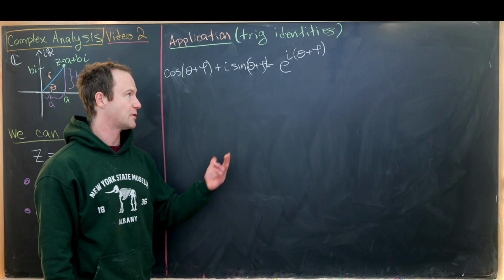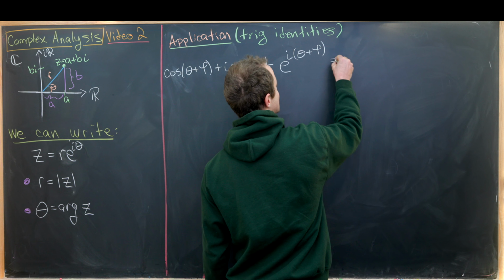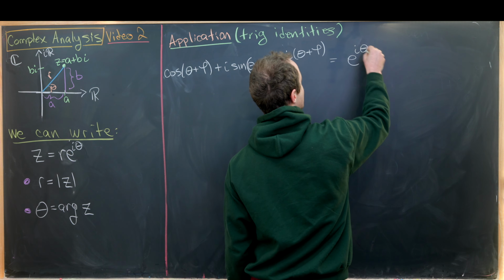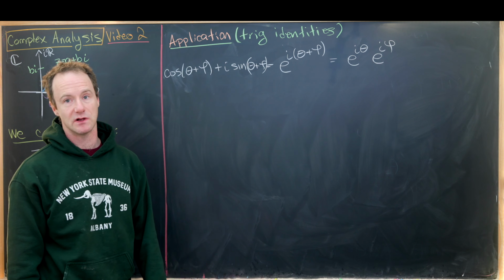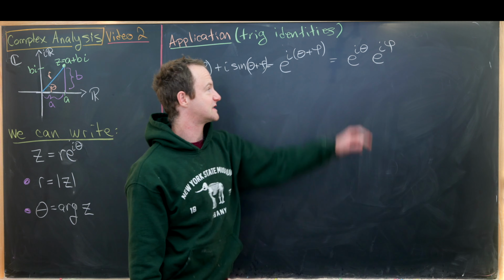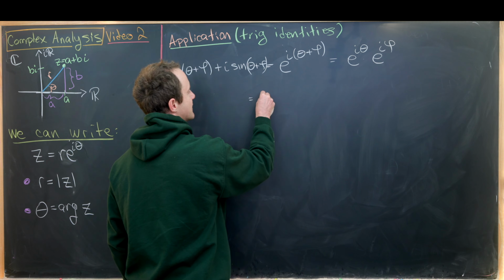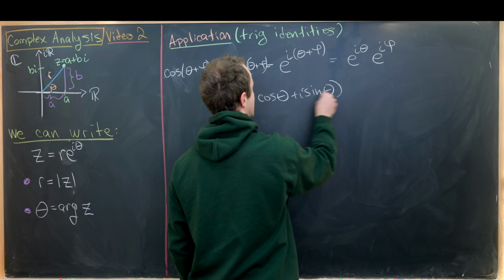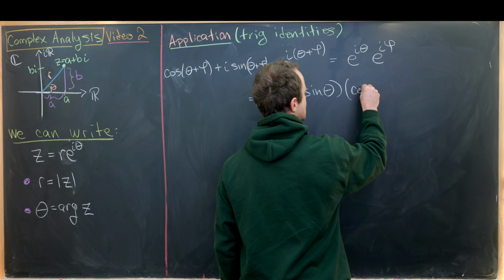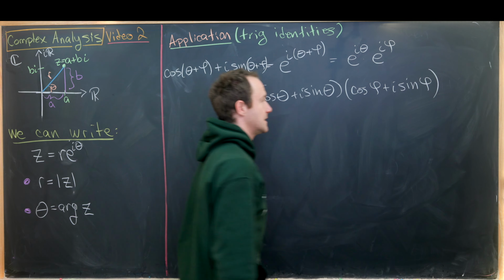But then by exponent rules, we know that this is the same thing as e to the i theta times e to the i phi, because the exponents will add. And now we can expand each of these using Euler's formula. So that's going to give us cos theta plus i sine theta times cos phi plus i sine phi.